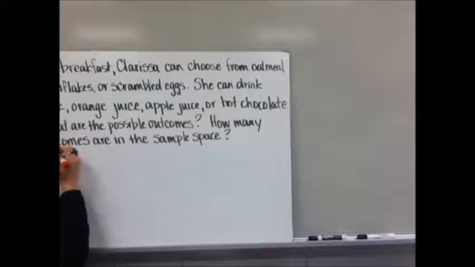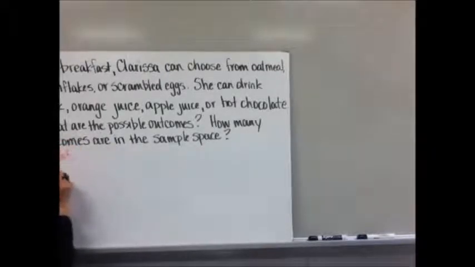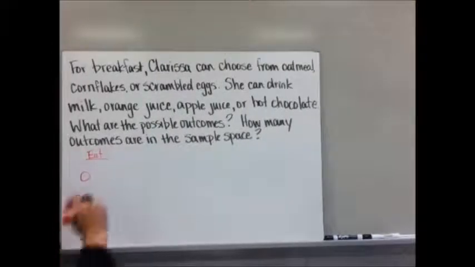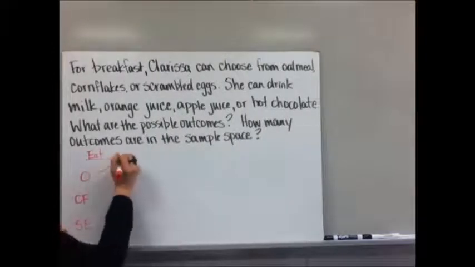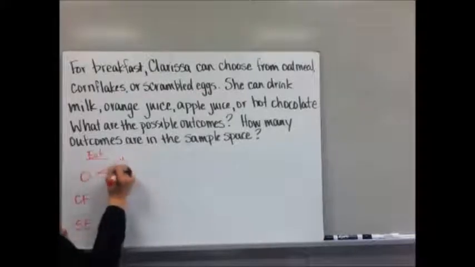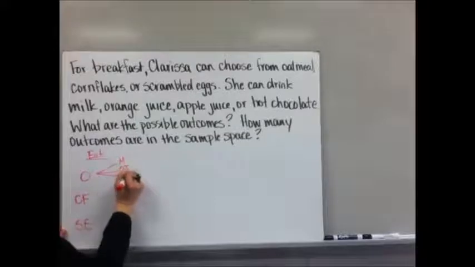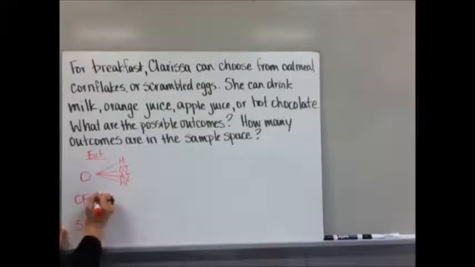So first, for what she eats. I'm going to abbreviate for this. She can eat oatmeal, cornflakes, or scrambled eggs. So I've abbreviated that O, C, and S, E. With oatmeal, she can drink milk, orange juice, apple juice, or hot chocolate.